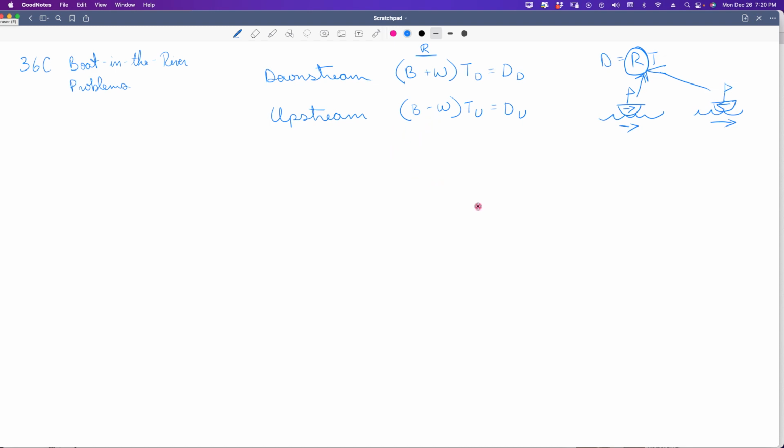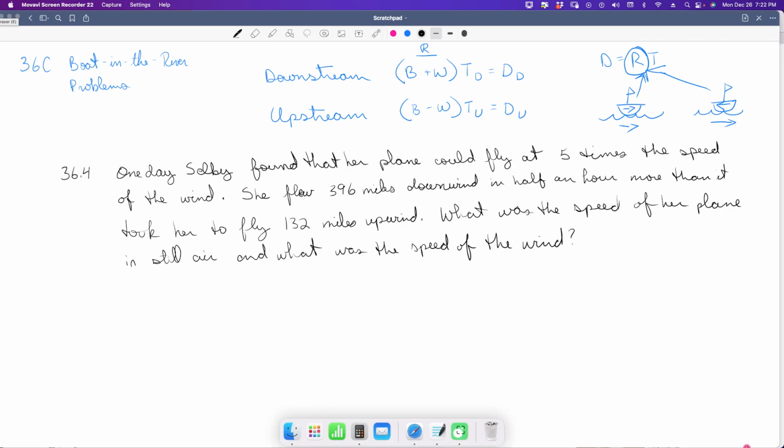So let me put 36.4 up here. Here's our problem. One day Selby found that her plane could fly at 5 times the speed of the wind. She flew 396 miles downwind in half an hour more than it took her to fly 132 miles upwind.